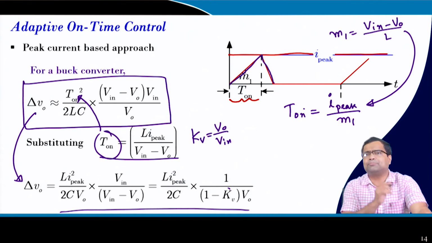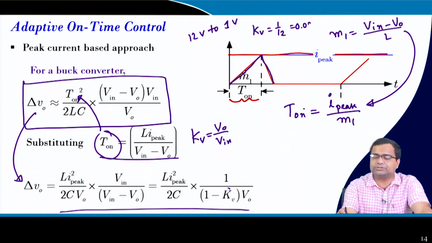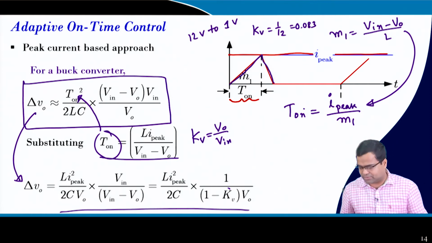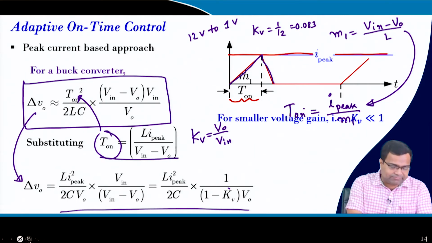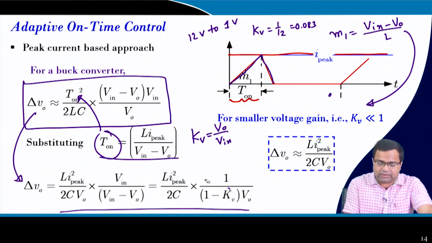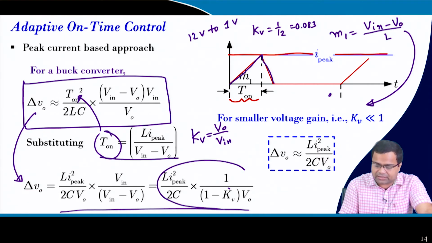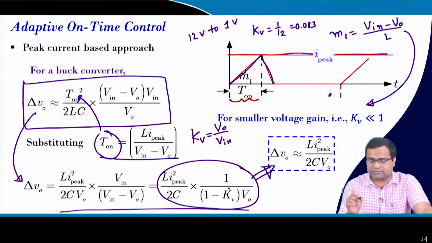Under high input voltage, if you take 12 volt to 1 volt, then your kV is 1 by 12, which is around 0.083, smaller than 1. If I take kV to be very low, then the output voltage ripple expression simplifies, because kV is much smaller than 1 and can be approximated to 0 against 1.